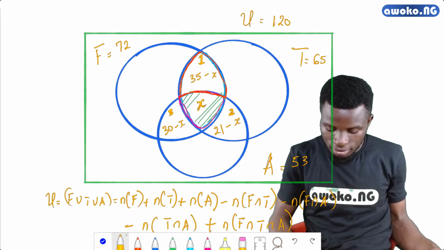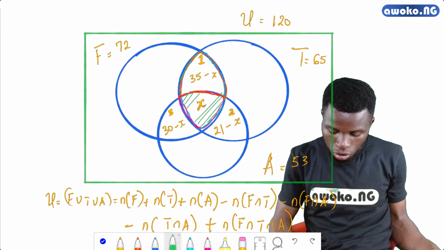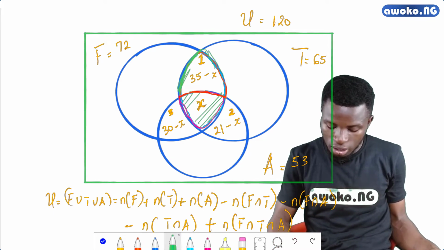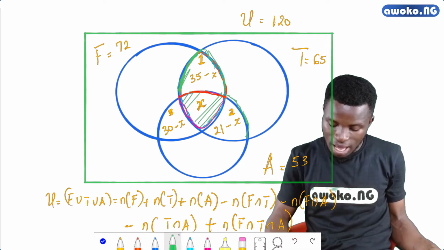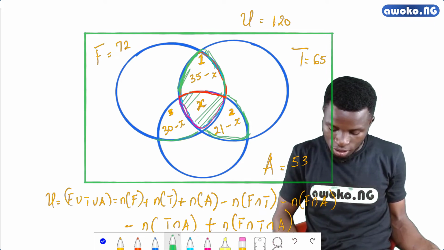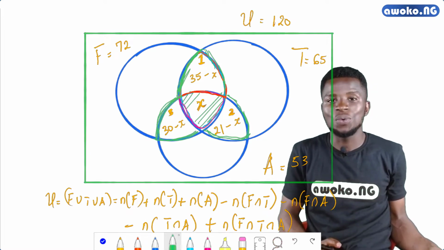Why? Because these areas actually show the customers that banked with exactly 2 of the banks. I'm sure you can see what I am doing. So that is the area we are looking for.